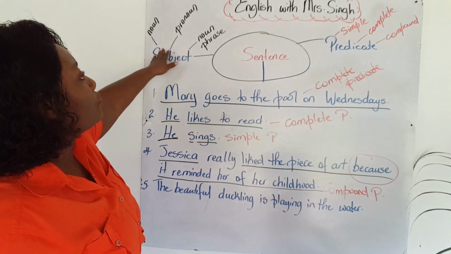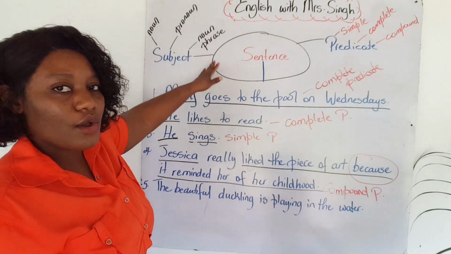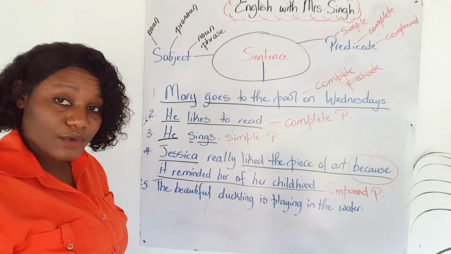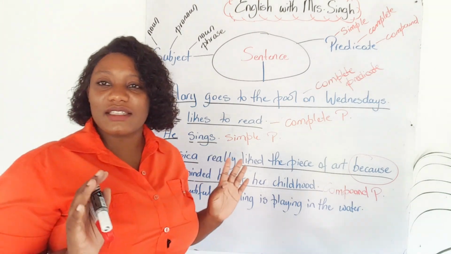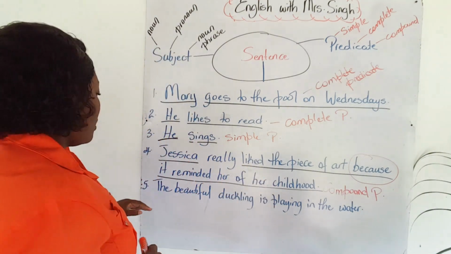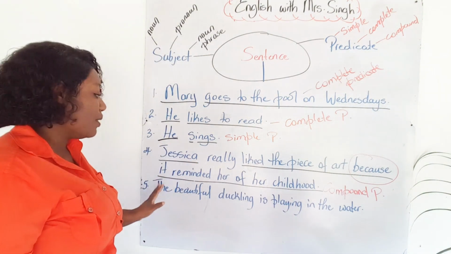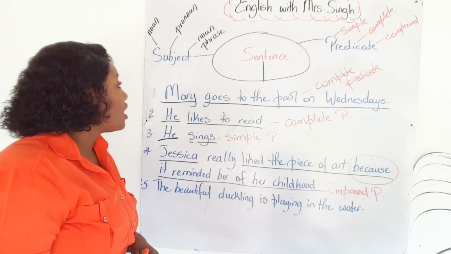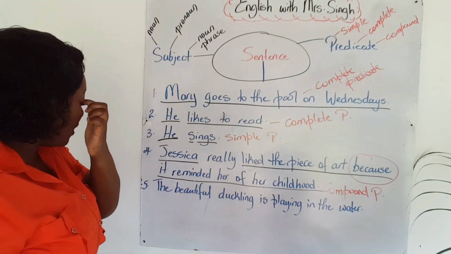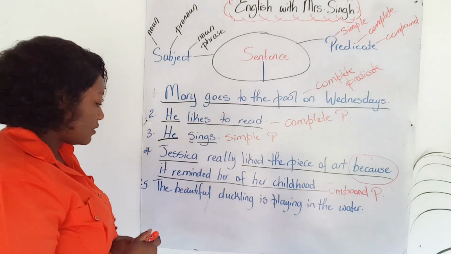Now, is it a noun, a pronoun, or a noun phrase? It's not a single word, so you can't just look at it and say it's a noun. But it's not a pronoun because it's not replacing any nouns. So here we have a noun phrase, right?